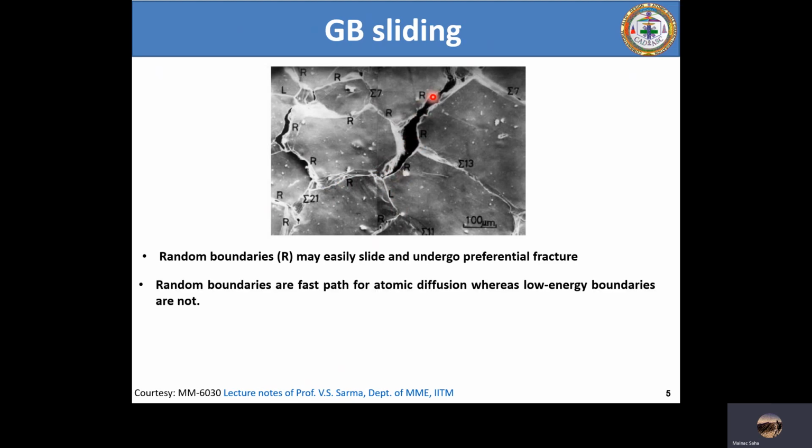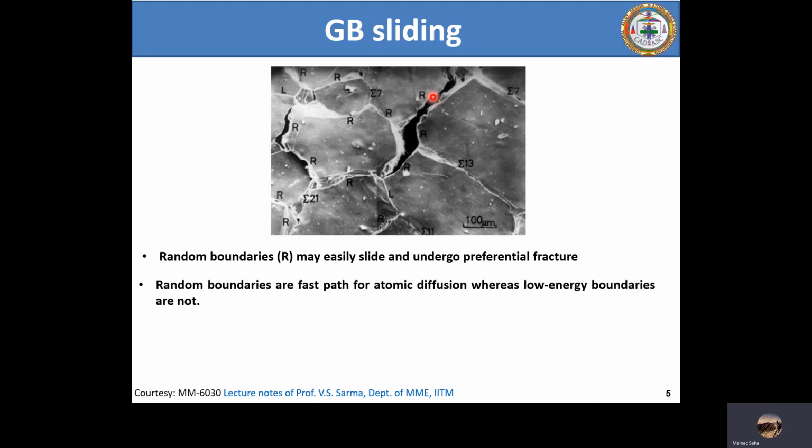Secondly, random boundaries are fast paths for atomic diffusion, whereas low energy boundaries are not. Why? Because the atomic arrangement in random angle boundaries is much more random as compared to the low energy boundaries, which have a certain extent of crystallographic ordering associated with them.